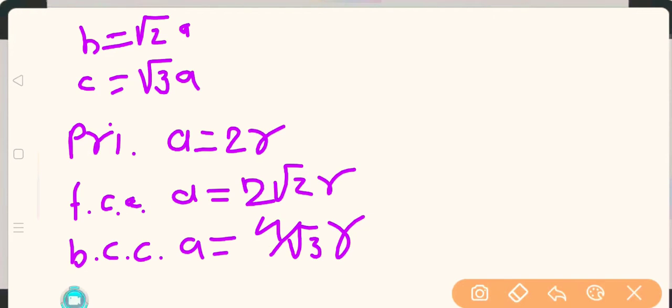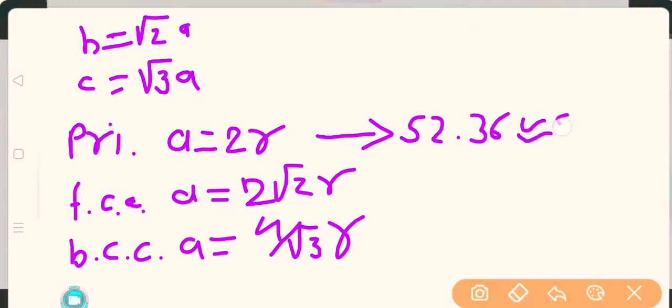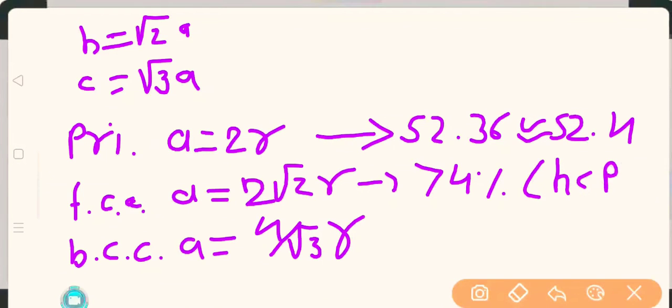You can create equations of R from these given equations. And then we discussed their packing efficiency. The least packing efficient was the primitive unit cell, 52.36 or roughly 52.4% efficient. Then we have FCC unit cells, the highest packing efficiency at 74%, and similar efficiency will be observed for HCP as well.